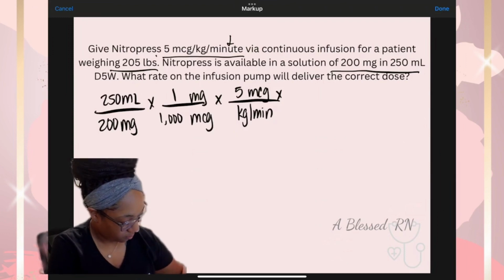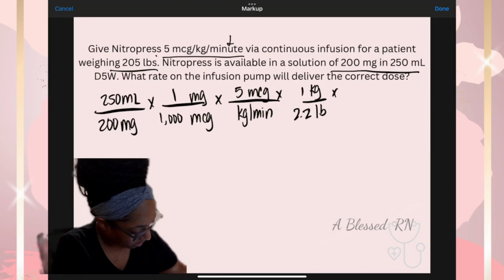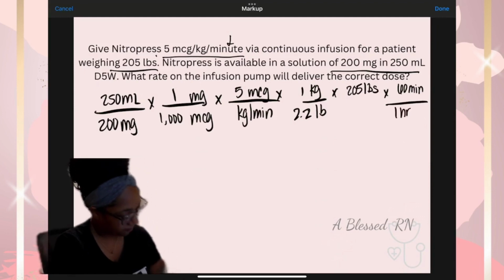All right, so kg over pounds, so that's 2.2, and then patient weighs 205 pounds, and then you've got to do your 60 minutes per 1 hour. And let's make sure all that stuff crosses out.